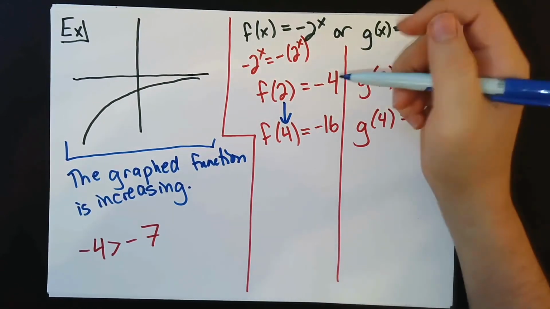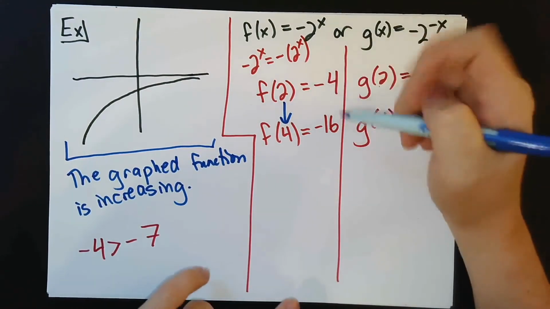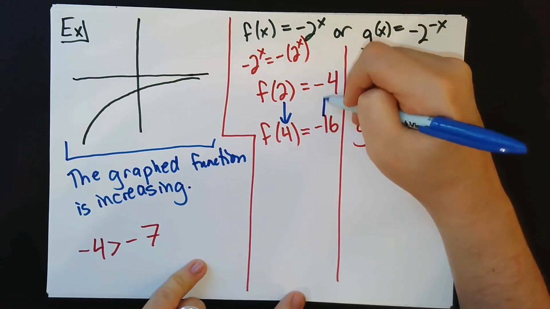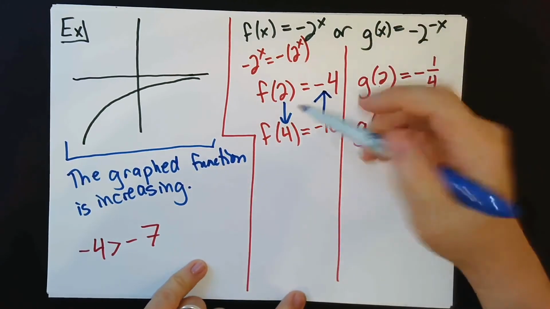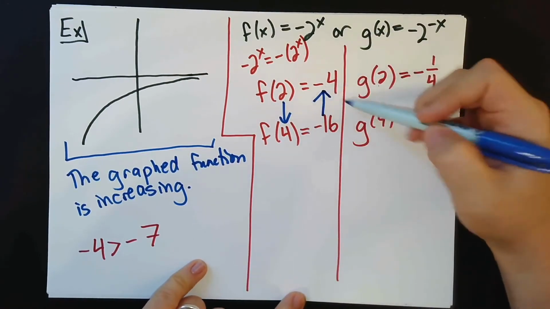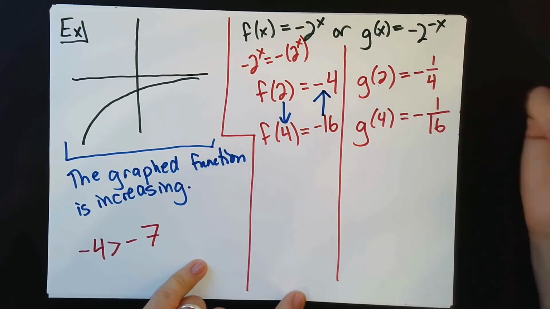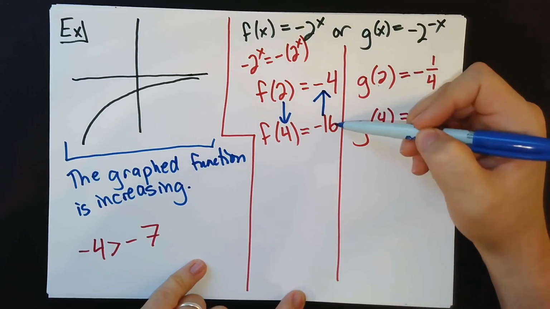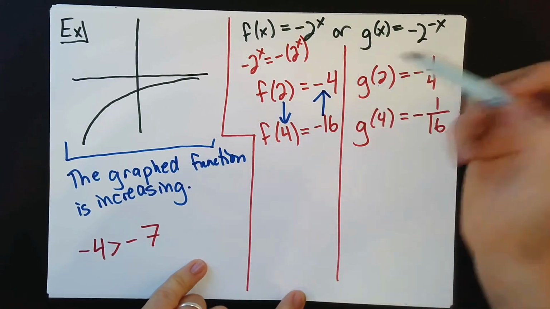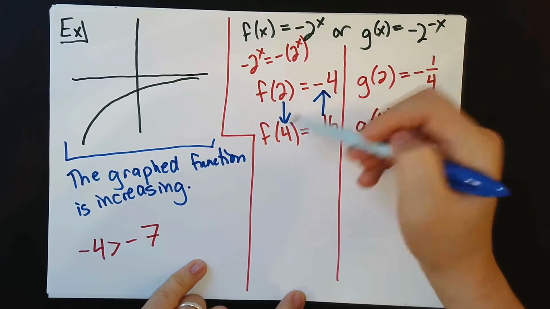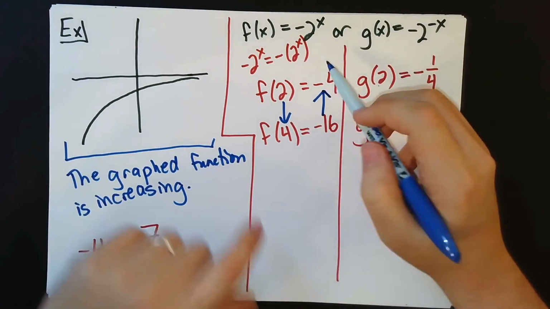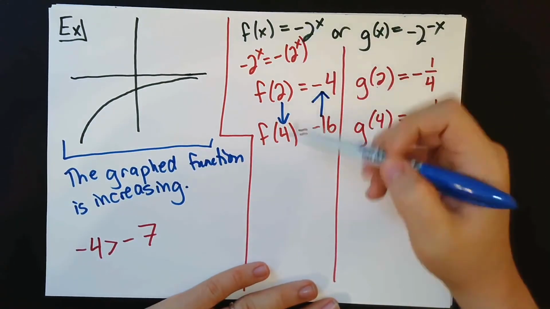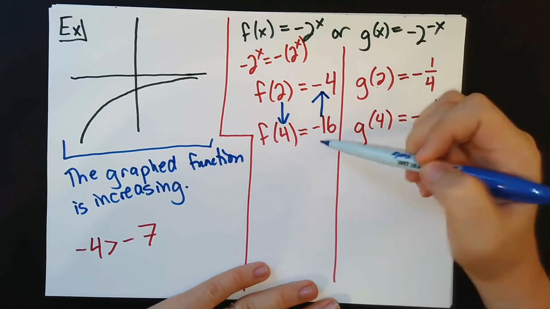The output, in fact, decreased from negative 4 to negative 16. So I'm putting the arrow in the direction of increasing. Negative 4 is bigger than negative 16, so I put the arrow that way, but 4 is bigger than 2, so I put the arrow that way. And so in this case, the input and output are moving in opposite directions.